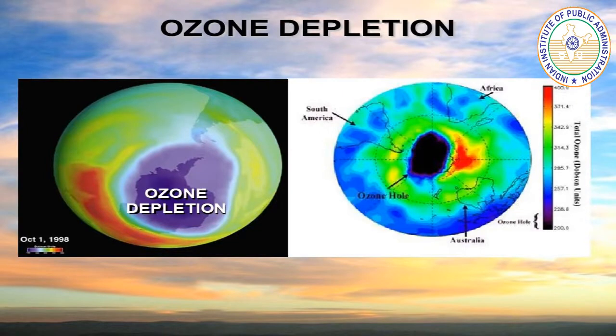The session moves on to air pollution. Ozone depletion occurs when chlorofluorocarbons and halon gases, formerly found in aerosol spray cans and refrigerants, are released into the atmosphere. Ozone sits in the upper atmosphere and absorbs ultraviolet radiation.